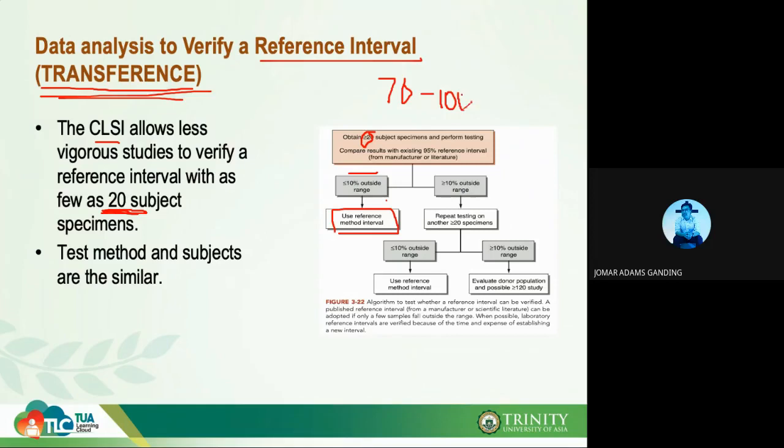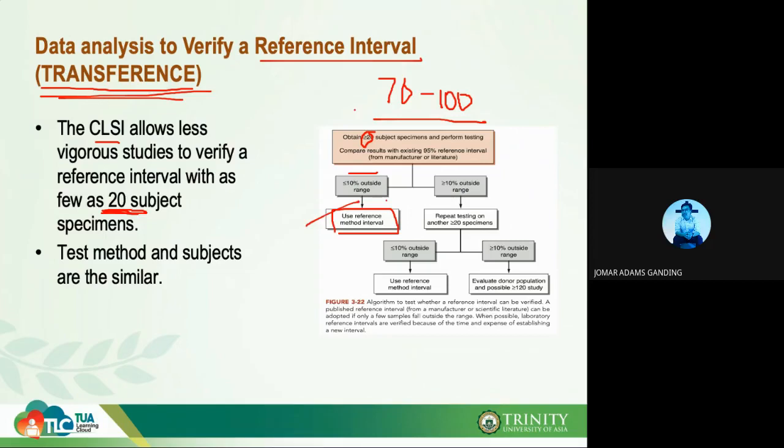I took this from the reference range of the Filipino living in Luzon. So I want to standardize it. I did the test on 20 reference subjects, and only less than 10% were outside. Then well and good, you're free to proceed. You can use the 70 to 100.